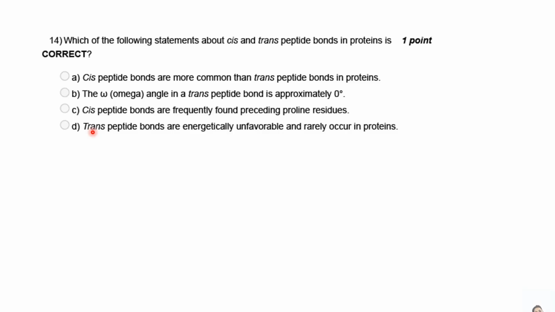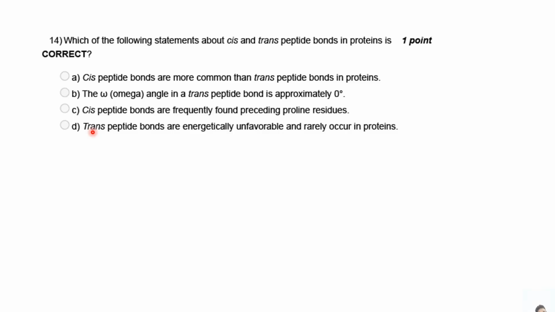Option A. Cis peptide bonds are more common than trans peptide bonds in proteins. Option B. The omega angle in trans peptide bond is approximately 0 degrees. Option C. Cis peptide bonds are frequently found preceding proline residues. Option D. Trans peptide bonds are energetically unfavorable and rarely occur in proteins.